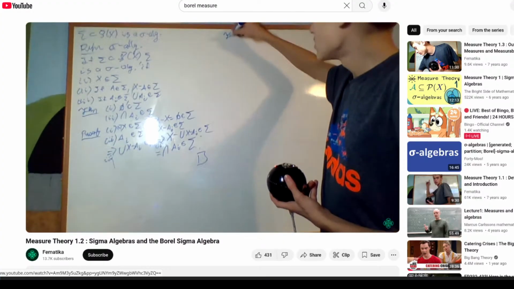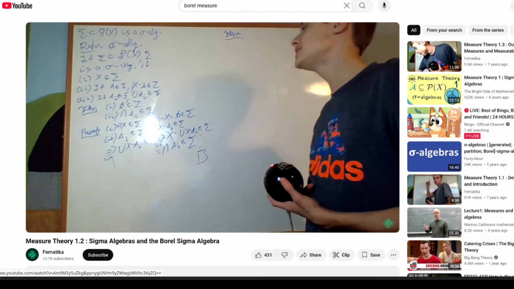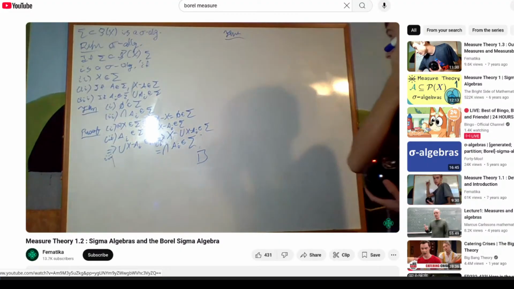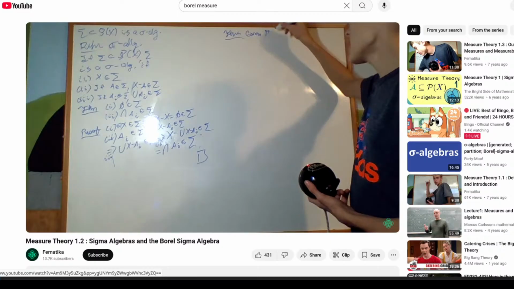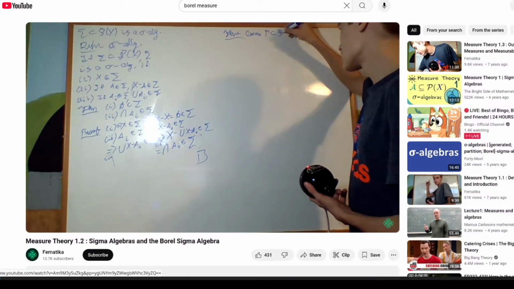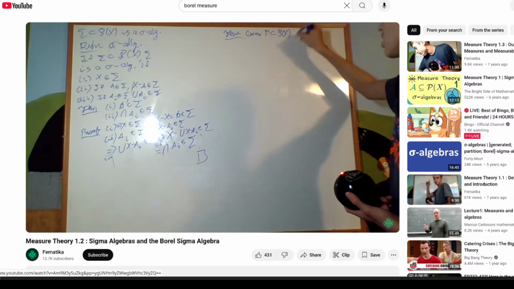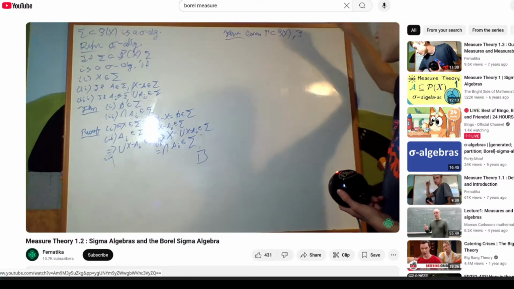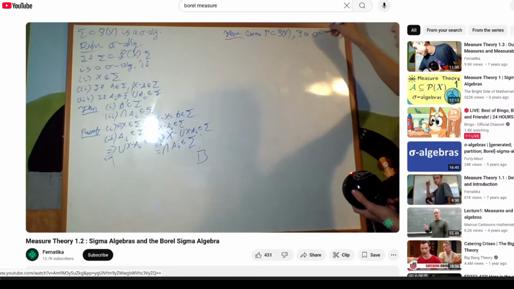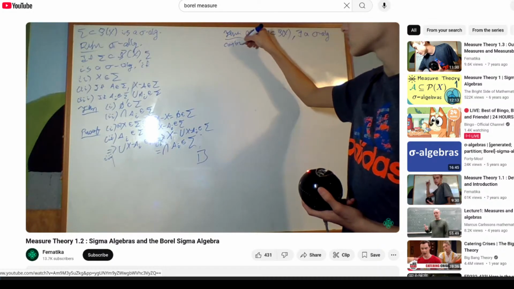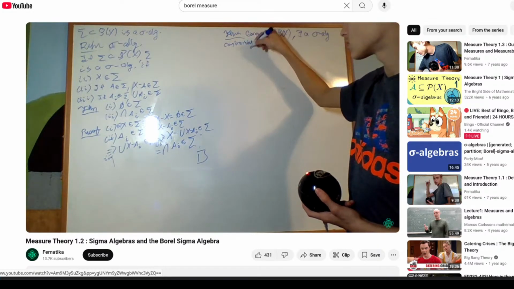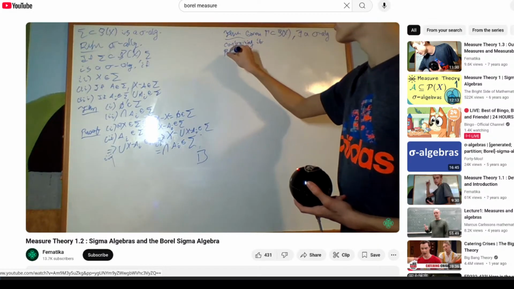theorem. This is going to be about generating sigma algebras, okay? Given gamma, a subset of the power set of X, there exists a sigma algebra containing it. Proof.